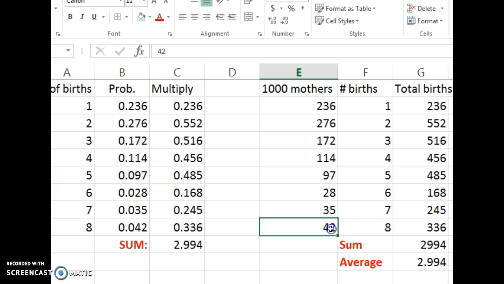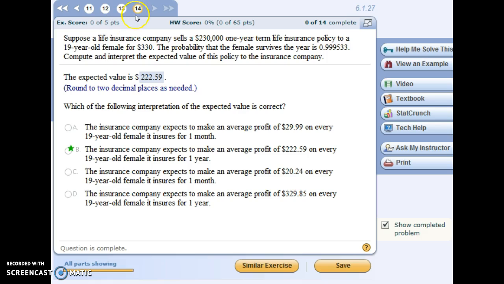So out of the 42 mothers who have had 8 births, that comes out to 336 total births. And so now if we add all those up, we would have this many total births. Well, out of 1,000 mothers, let's do our average. This many total births divided by how many there are, you get your expected value, or your average number of births per person.